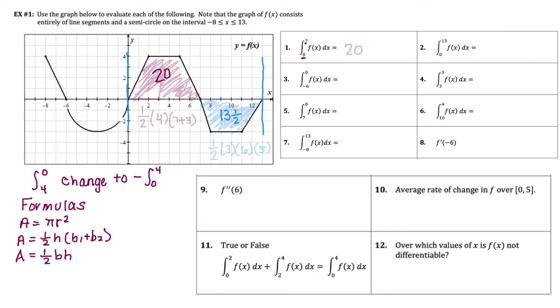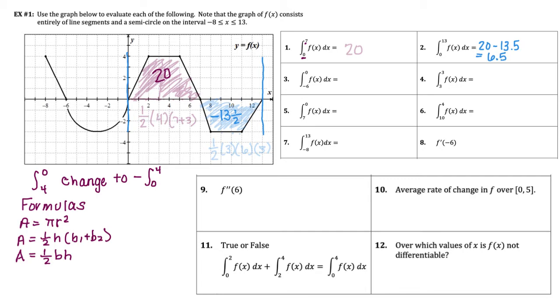And it's going to be negative because it's bounded below the x-axis. That's where that negative area is coming in. So here, if we put this together and say 20 minus 13.5, then that's going to give us an area of 6.5.